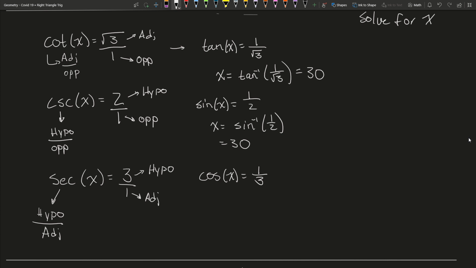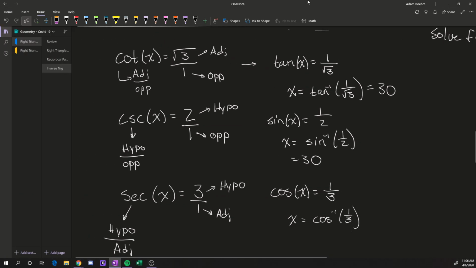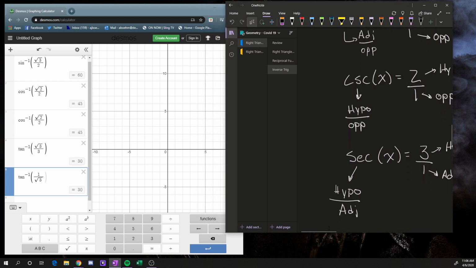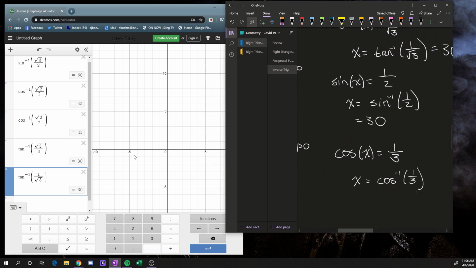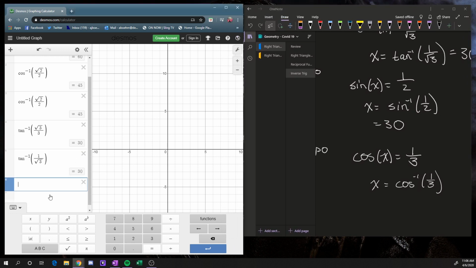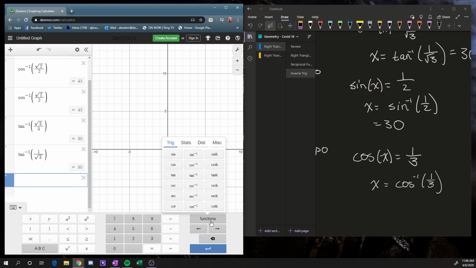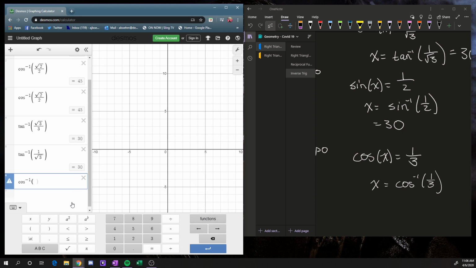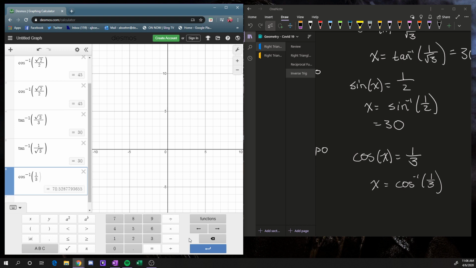So we take the inverse cosine of both sides, and we get cosine inverse of 1/3. When we type that into a calculator or Desmos, we get 70.53 degrees.